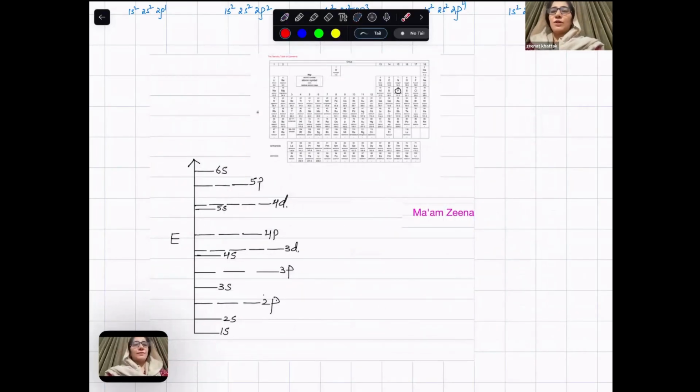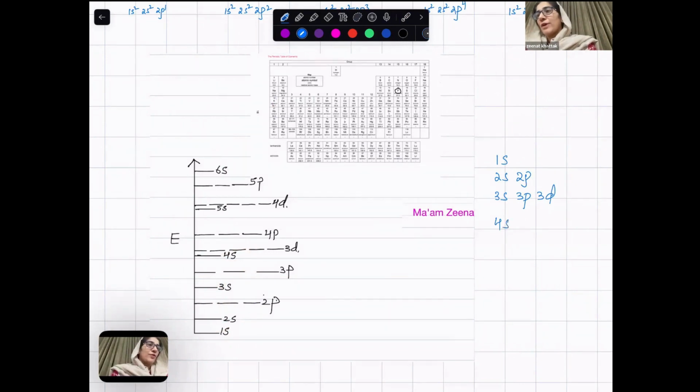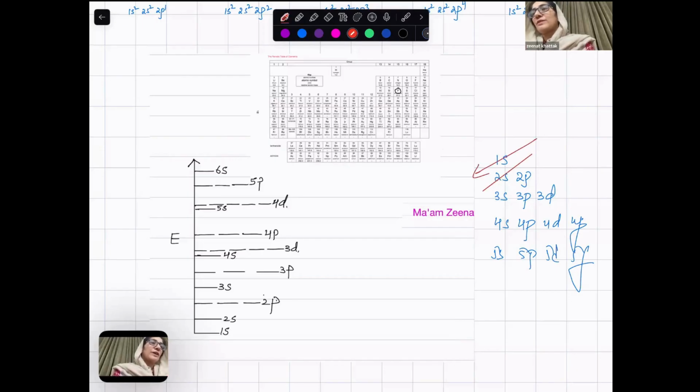Where do you get this order? 1s, 2s, 2p, 3s, 3p, 4s, 3d. You know this from that diagram. You write 1s, then 2s and 2p, then 3s, 3p, 3d, then 4s, 4p, 4d, and 4f, and then 5s, 5p, 5d, 5f, and then you cross these diagonally: 1s, 2s, 2p, 3s, 3p, 4s, and after 4s, 3d, 4p, 5s.